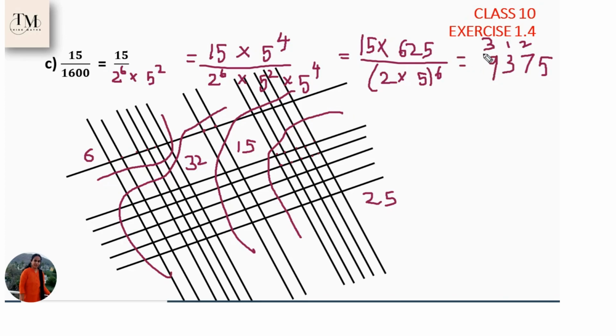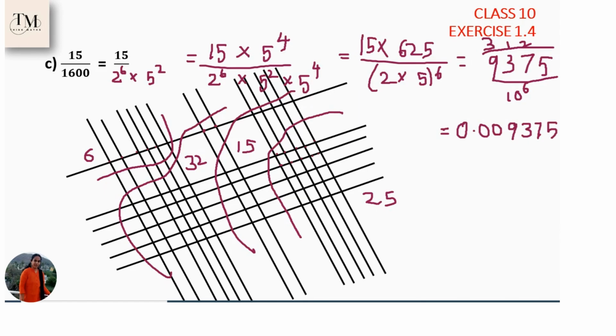So the answer is 9375 divided by 10 to the power 6. Okay, so you have to place the decimal point before 6 values. So 1, 2, 3, 4, so we have to add 2 zeros. So 0.009375 is the decimal expansion of 15 by 600.